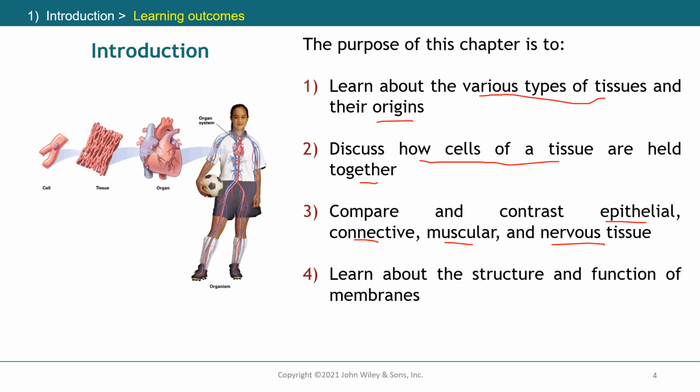For the 4th learning outcome, you should be able to tell me the structure and the function of membranes. And finally, you should be able to understand how tissue is repaired. So why epithelia are able to repair so fast, while other tissues like the nervous system take much longer to repair.